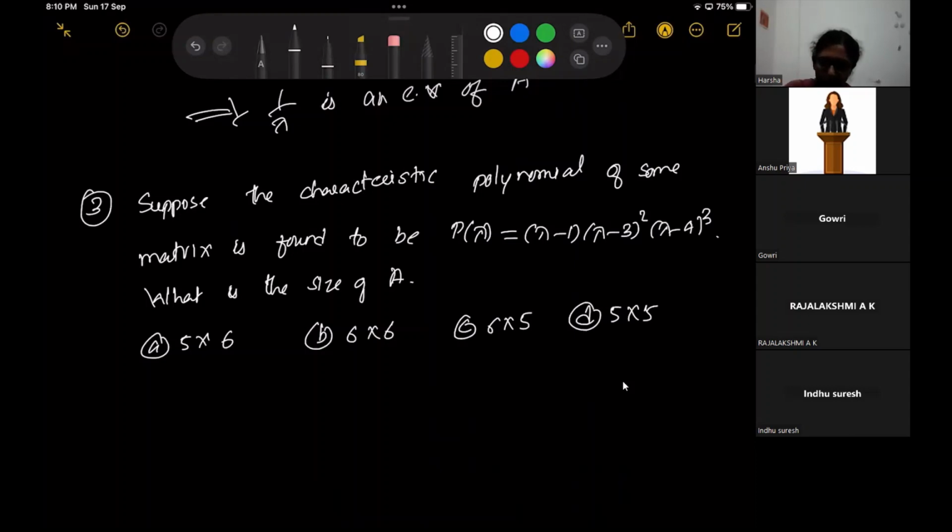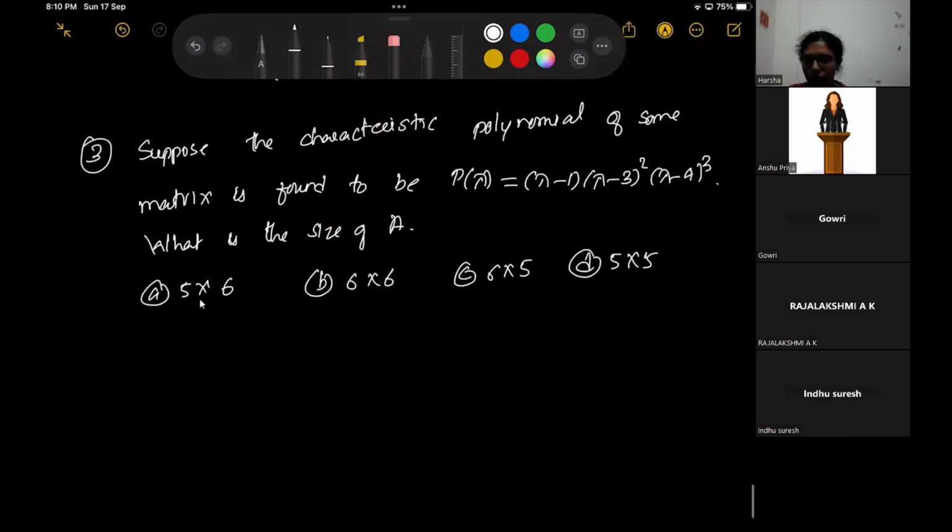First of all, can it be A or C option? A means 5 by 6 matrix. Option B is the correct answer, so it cannot be A or C. First of all, how is the characteristic polynomial defined? Determinant of A minus lambda I equal to 0.